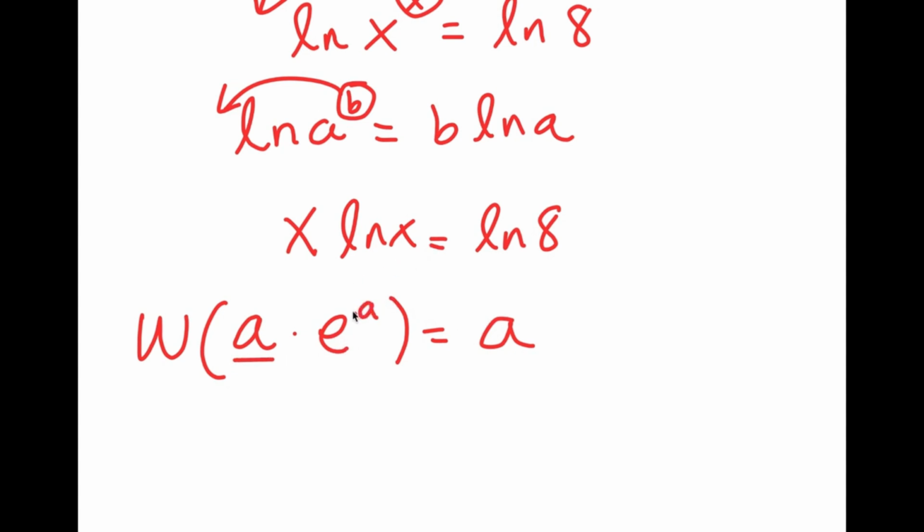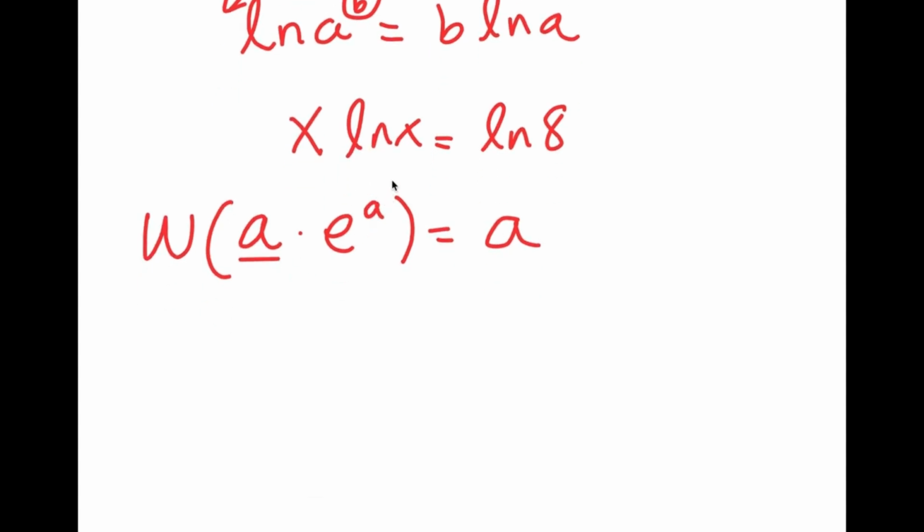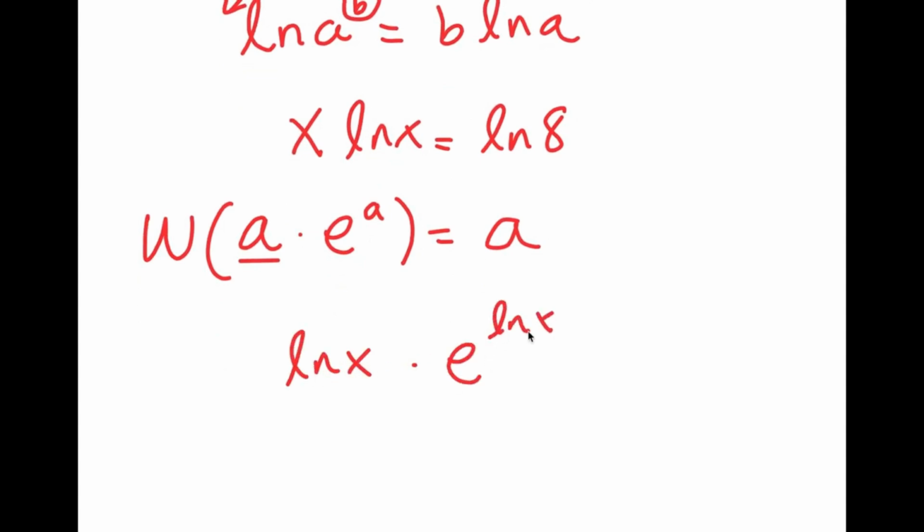So in this case, I'm going to rewrite this as ln x times e^(ln x) = ln 8, because x is the same thing as e^(ln x).